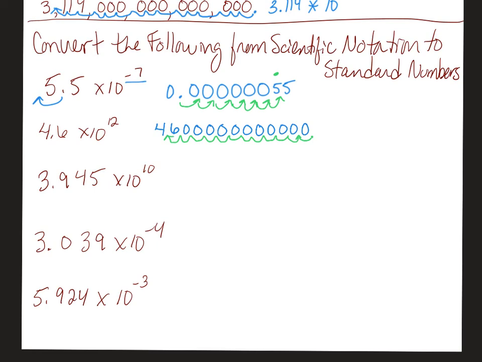Okay. Next we have 3.945 times 10 to the 10th. 3,945. Well, the 9, 4, and 5 were the 1, 2, and 3 of this guy. So that means that we need 7 more zeros. 1, 2, 3, 4, 5, 6, 7.